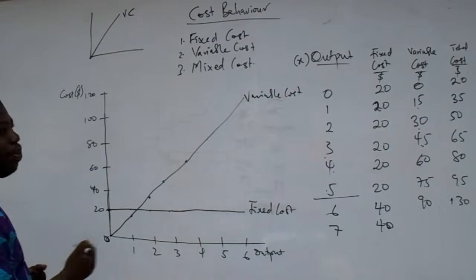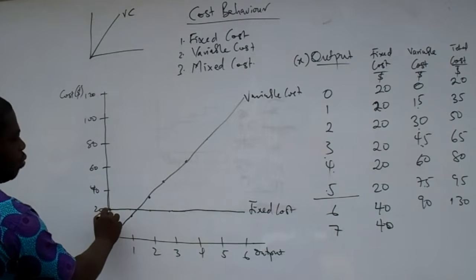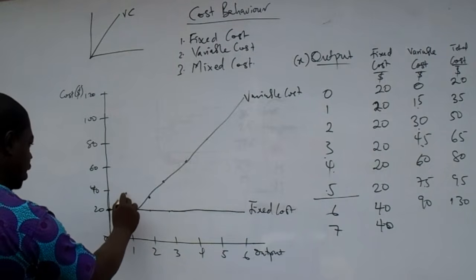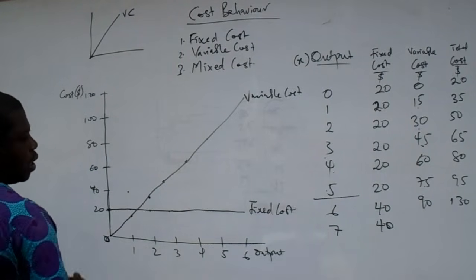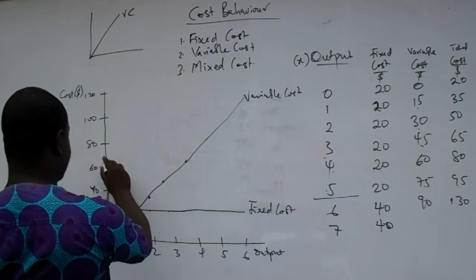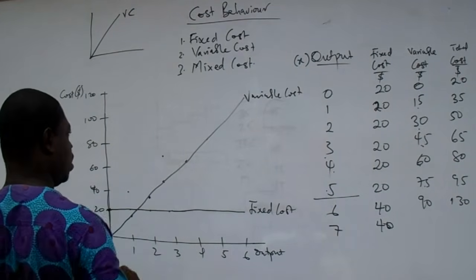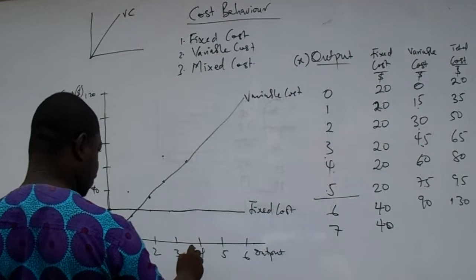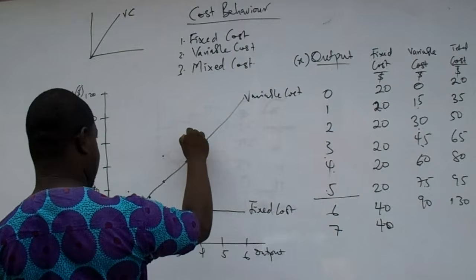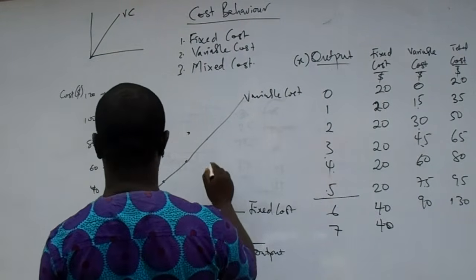And so in order to plot this line, we'll start this way. 0 to 20 will be plotted here, 1 to 35 here, and then 3 to 65, 3 against 65, somewhere here, and then 4 against 80 here, okay, and then 5 against 95 here.